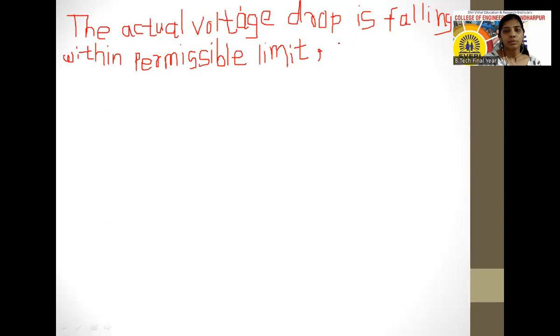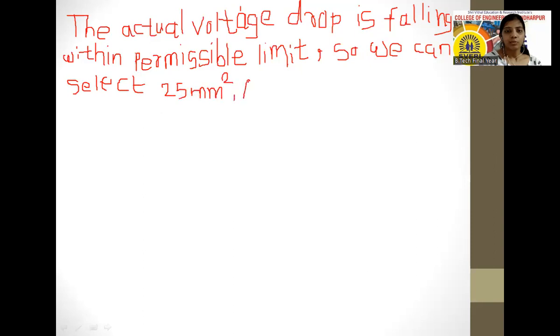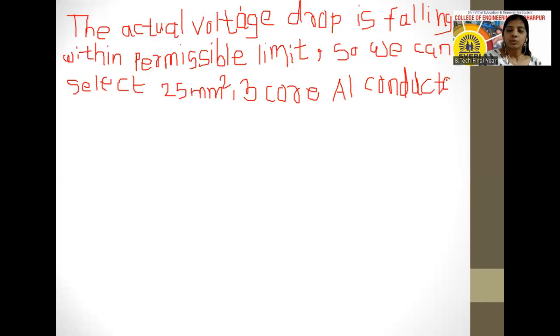So we can select 25 mm square aluminum conductor, three core aluminum conductor, to carry given load.